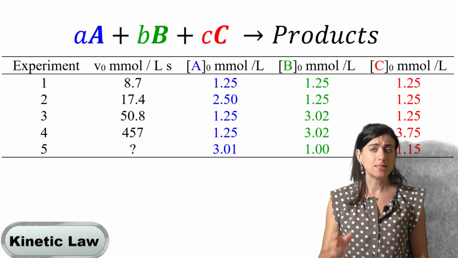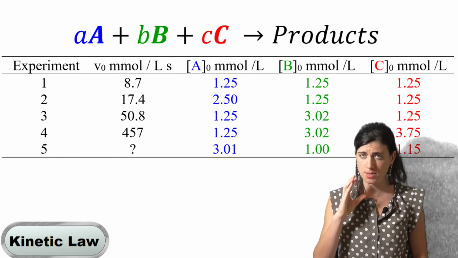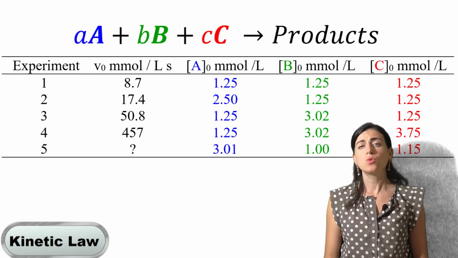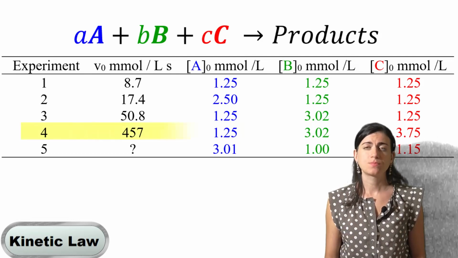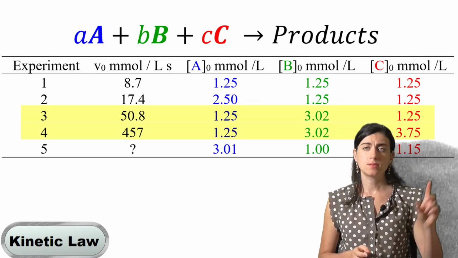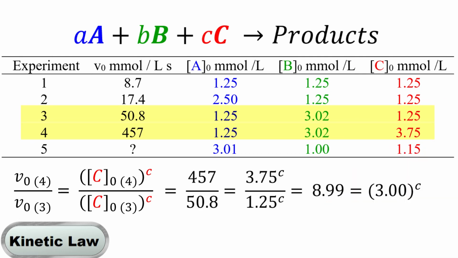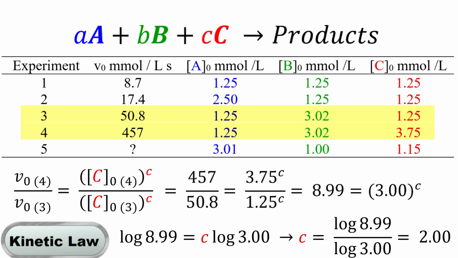The last one is the order for the species C. In this case, to have this last number, we have to consider experiments 4 and 3. So we can write this equation. Let's put numbers inside and let's use logarithms to have the value of C. So in this case, C is again 2.